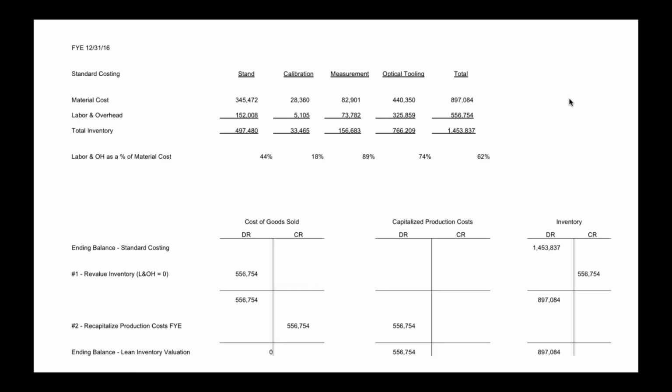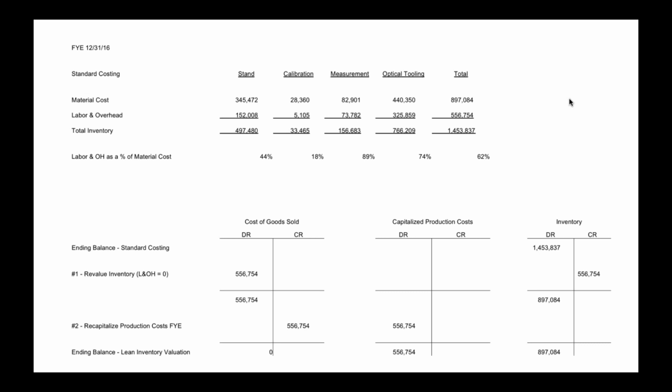So here we have 4 value streams: the stand value stream, the calibration value stream, the measurement value stream, and the optical tooling value stream, and the total inventory of all 4 value streams. So this is under standard costing. And what you see is that the labor and overhead percentage as a ratio to the material cost is 44% in the stand, 18% in the calibration, 89% in measurement, and optical tooling 74%.